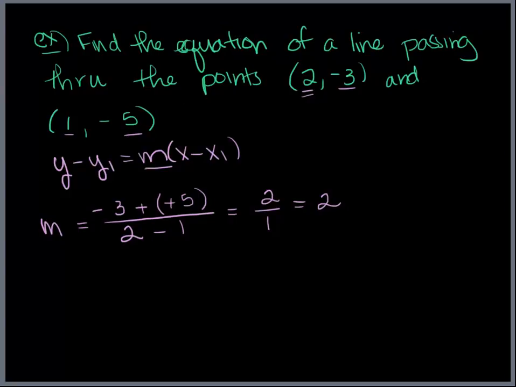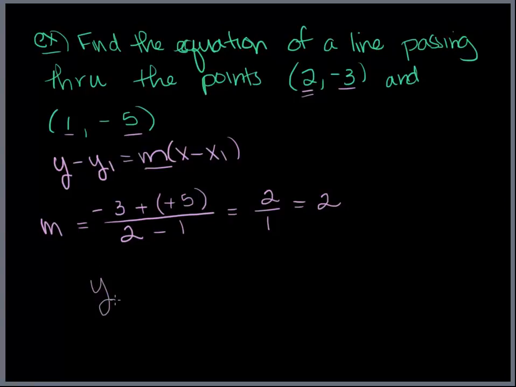I'm going to come back and use this form right here to do this, and I'm just going to plug in a point that the line goes through, that's all, and then my slope.